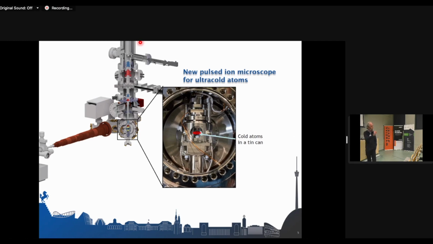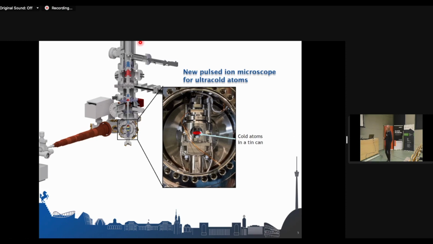But observing the motion of a single ion that is just dragged along by a stray field is much better than that, actually one order of magnitude better. So we can now in that tin can have a field compensation down to 100 microvolts per centimeter, which gives us time to observe this floating single ion for 100 microseconds or longer in the field of view of our microscope.